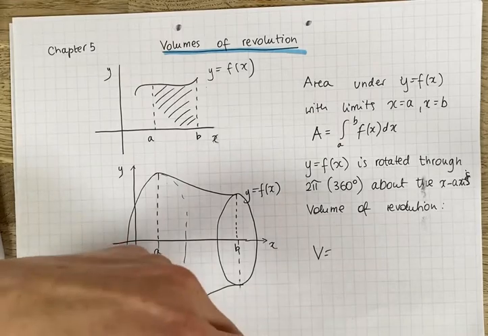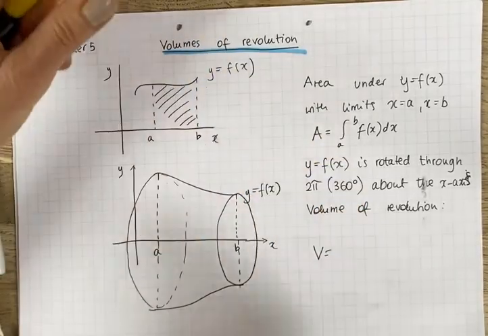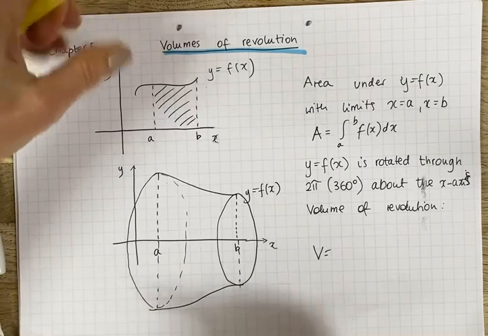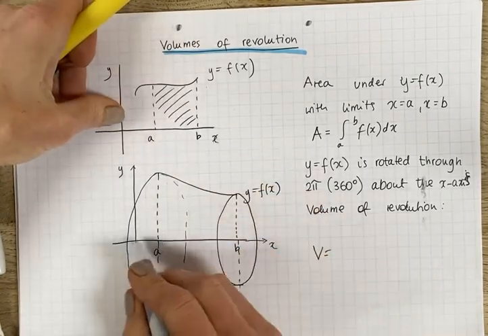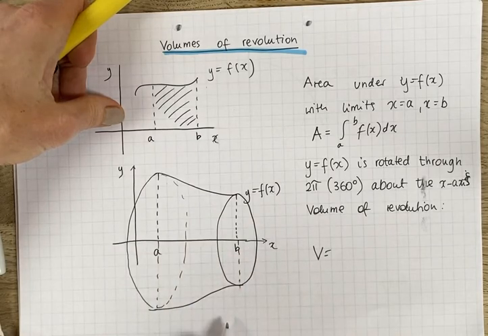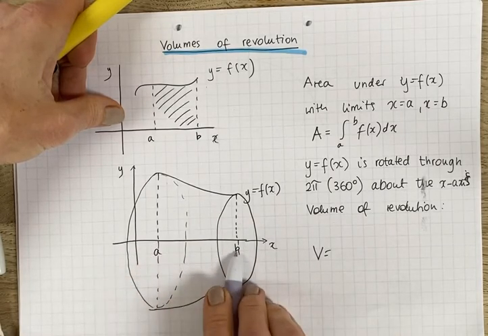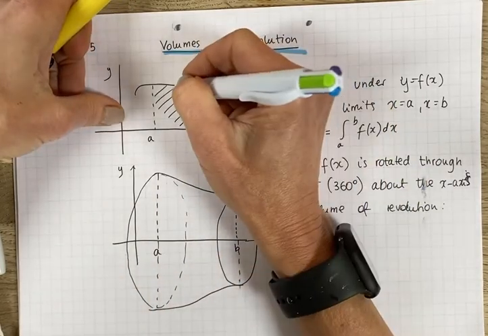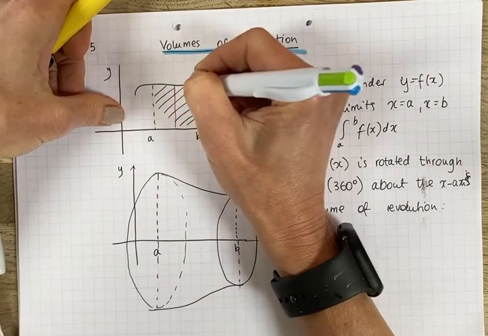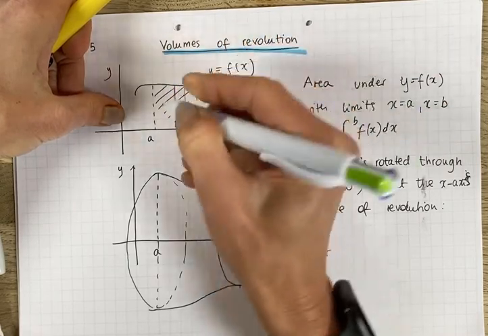When you learn about integration from first principles, the idea is that you're breaking up each section between x equals a and x equals b into tiny cylinders. So here, if you imagine just this in here, let's break it up.